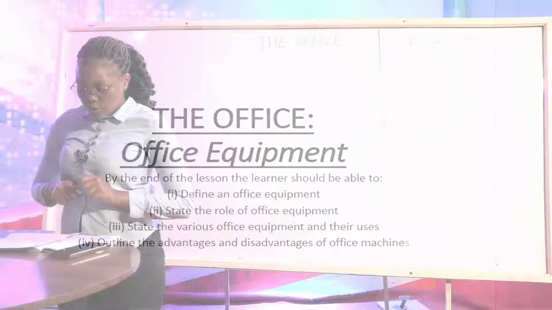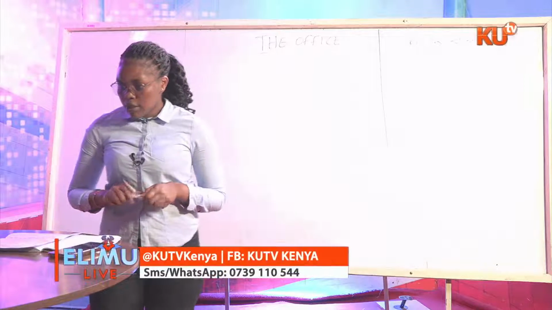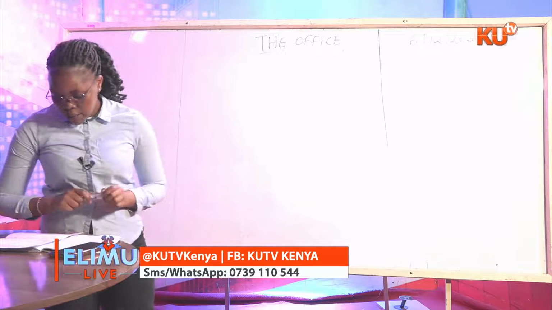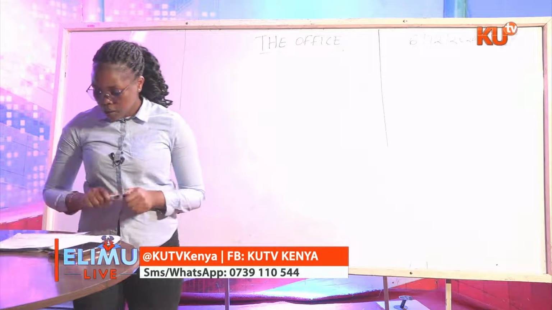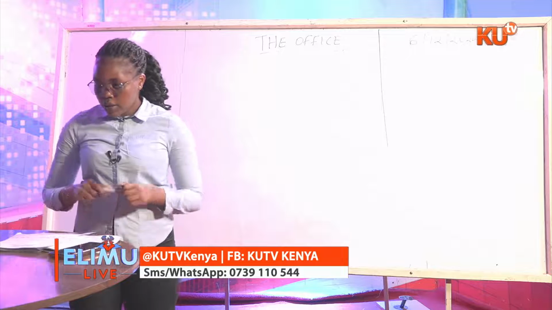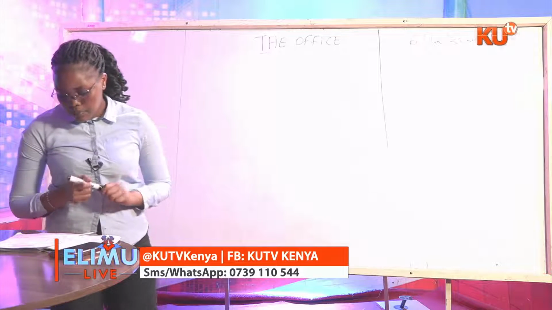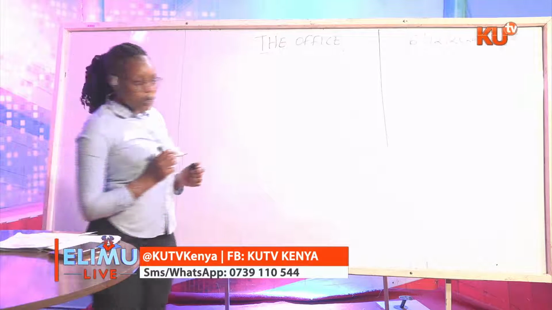So our topic today is the office, more particularly a subtopic by the name office equipment. On the objectives today we have the definition of the office equipment, the role of the office equipment.